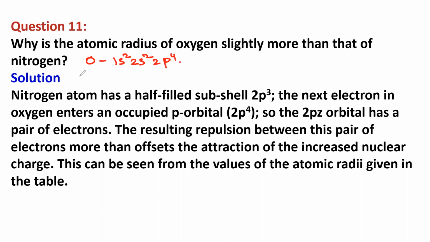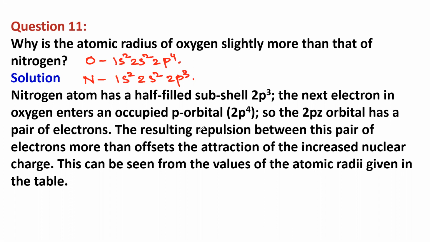For nitrogen, atomic number 7, it is 1s2, 2s2, 2p3, so it is half filled. Nitrogen has a half filled subshell, whereas oxygen does not have half filled orbitals, nor completely filled orbitals.